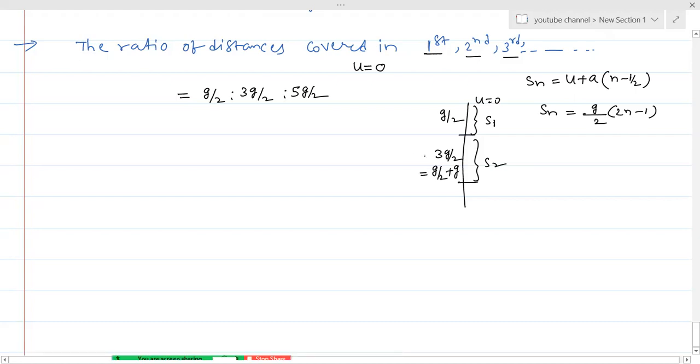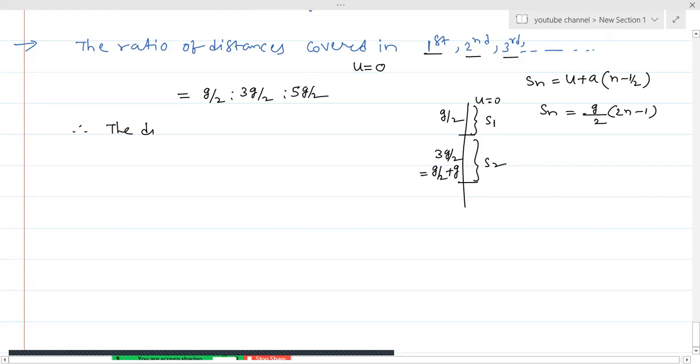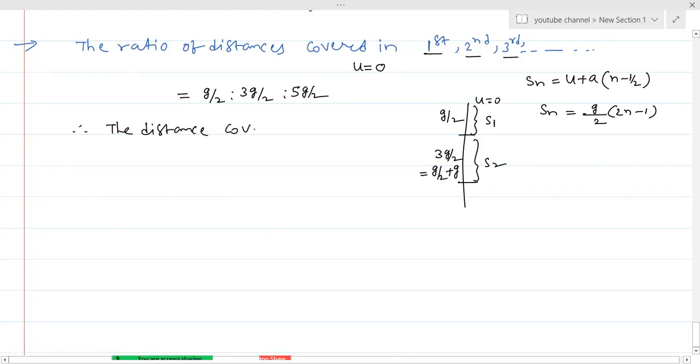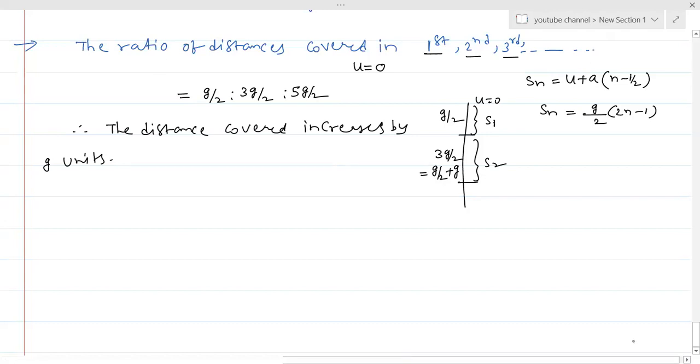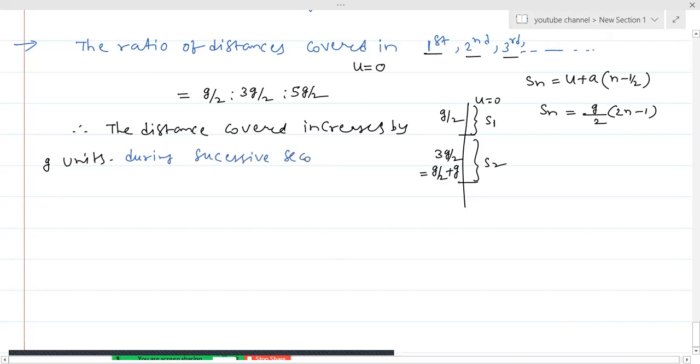So during successive seconds, the distance covered increases by g units. This ratio is famous as 1:3:5:7.